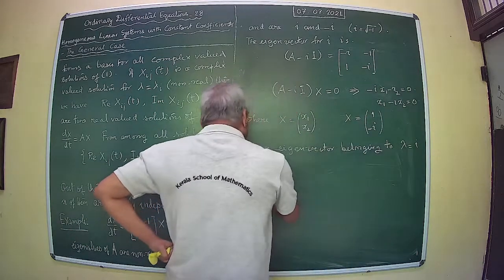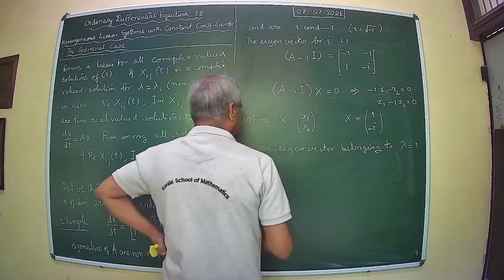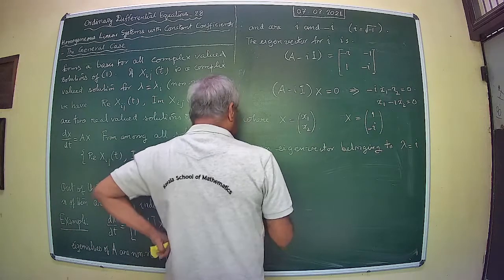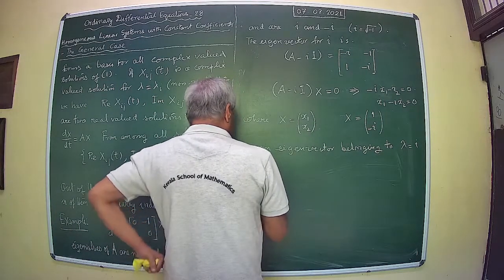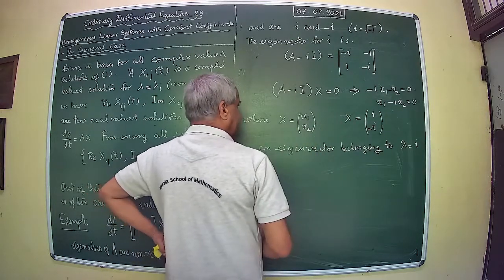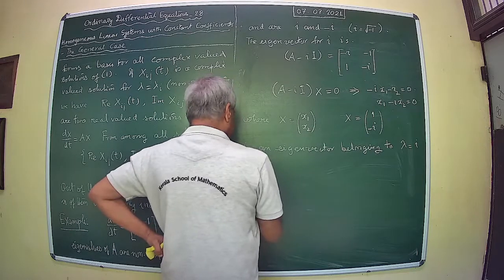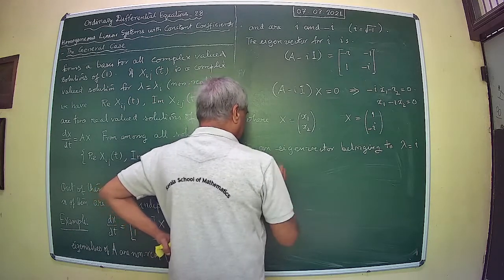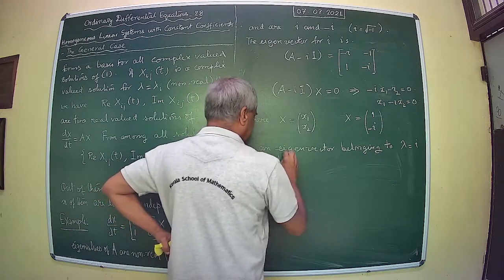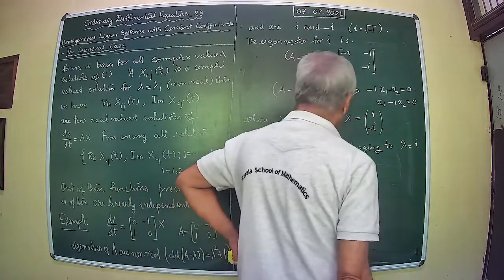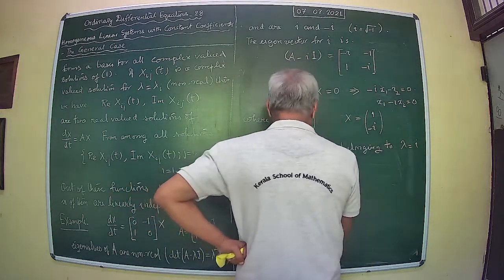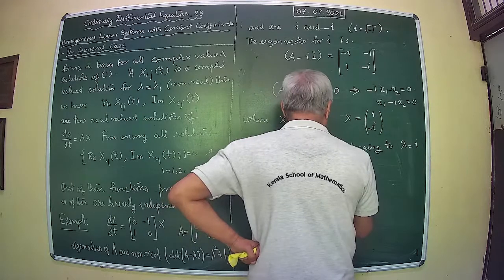And as I said earlier, x conjugate, what is x conjugate? It is then equal to 1, i, okay, is an eigenvector.